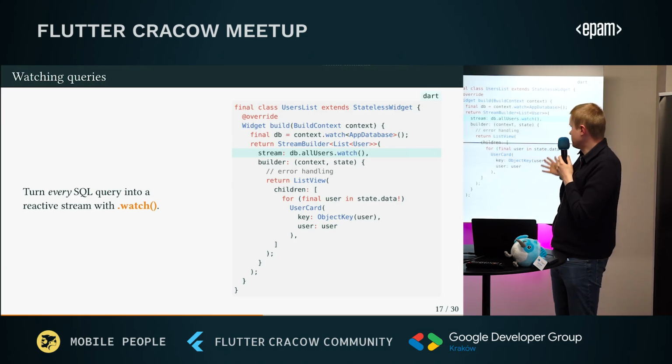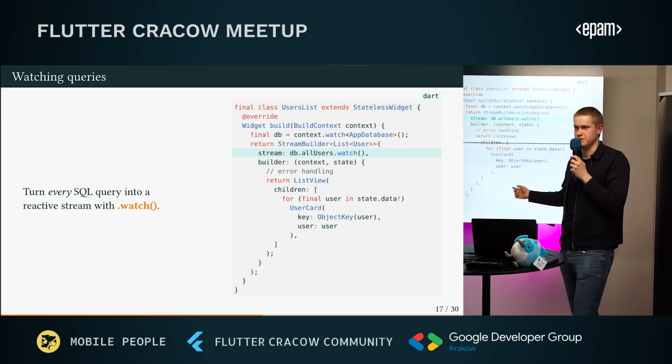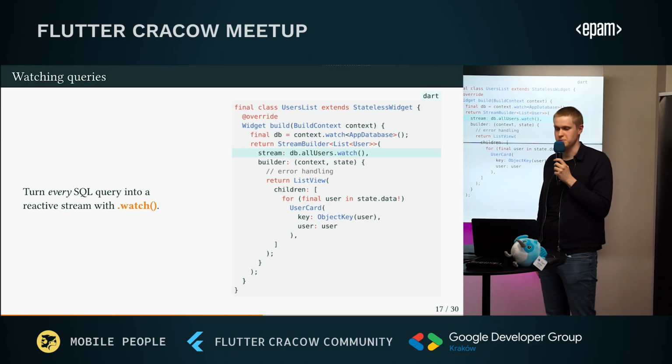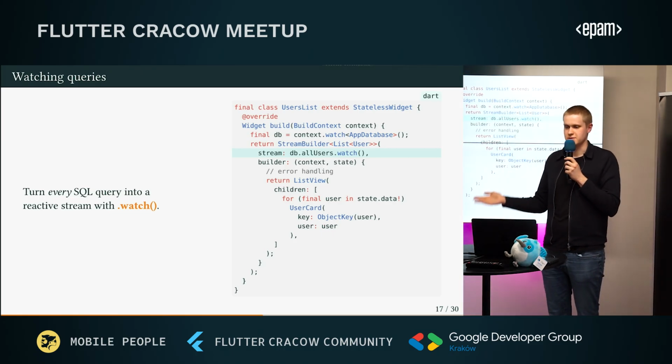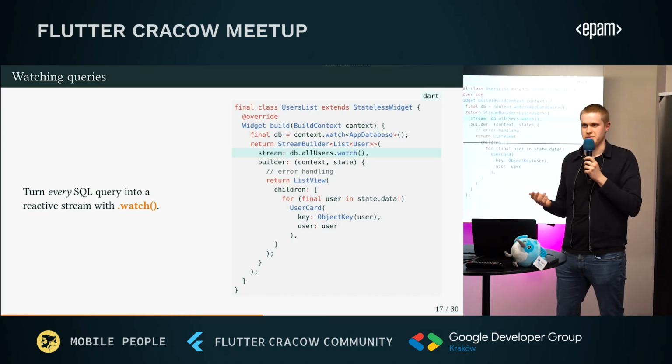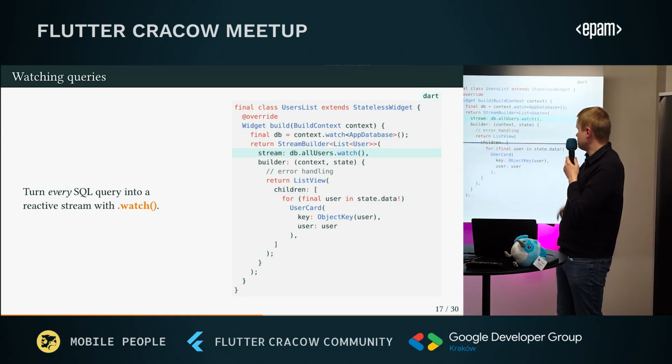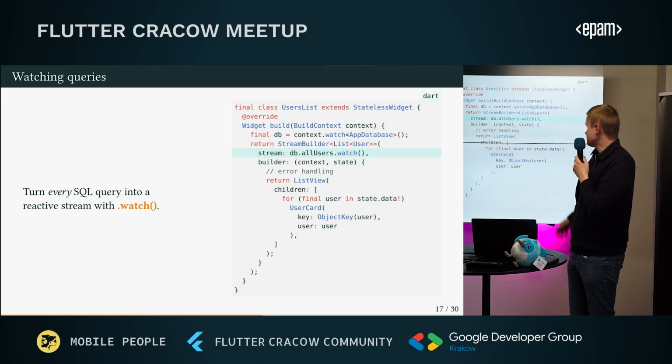And I can use this stream like any other stream. So I could use it in a stream builder, or in any other abstraction like a stream provider, like an async notifier from Riverpod, whatever state management solution you want to have. You can probably plug a stream into that. And yeah, that's a nice abstraction.